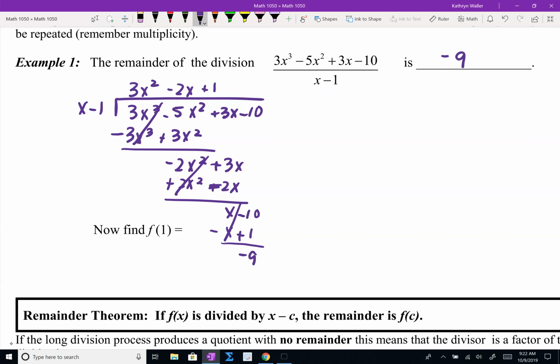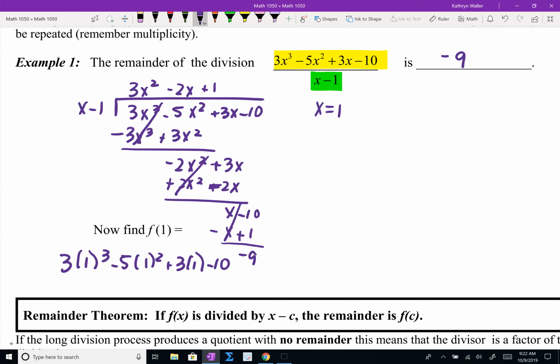Okay? Now, look what they're doing. They took the denominator, set it equal to 0, and they got x equals 1. So now they're saying take that 1 and plug it into the original numerator, which is right there. Okay, so everybody go 3 times 1 to the third minus 5 times 1 to the second plus 3 times 1 minus 10.